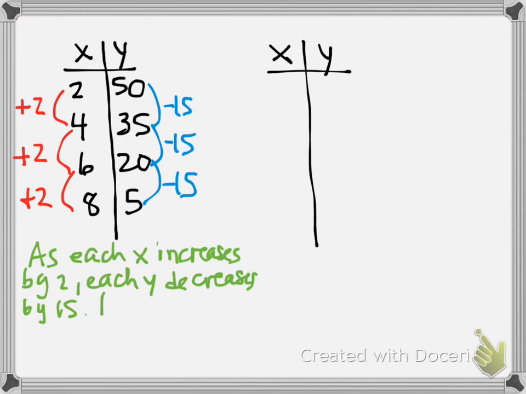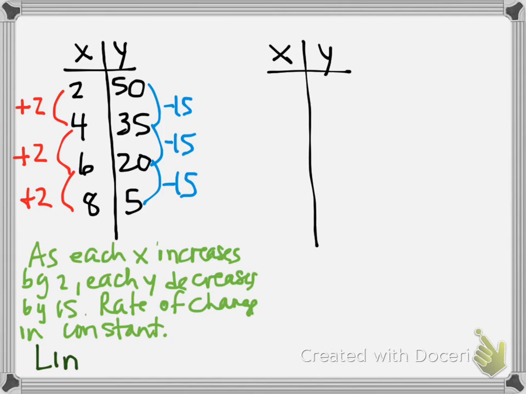So we say the rate of change is constant. Based on that, what would be our interpretation of this function? Linear or nonlinear? If we have a constant rate of change, then it's linear.